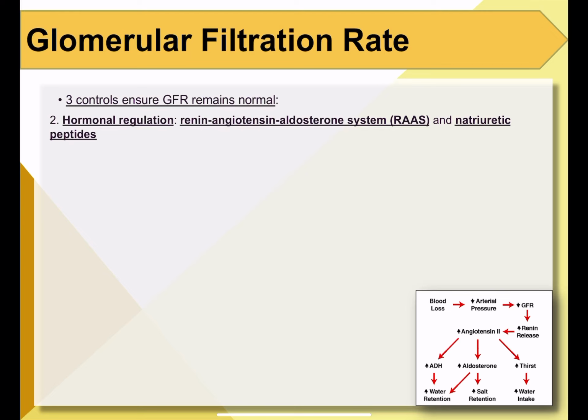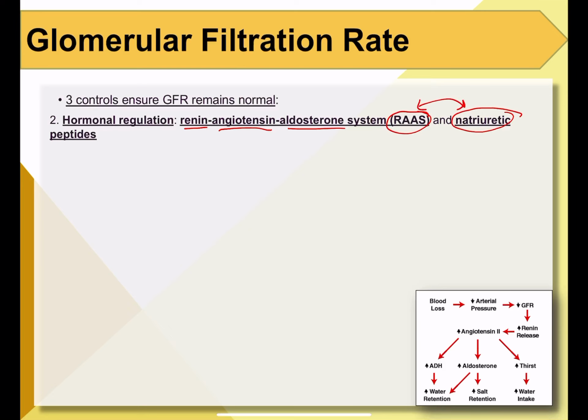Now, with hormonal regulation, this is what we mentioned in a previous chapter, and I said don't worry about it until the urinary system, so here it is. Hormonal regulation of GFR is monitored by a system called RAS, which stands for renin, angiotensin, aldosterone system, and by your opposing hormone, natriuretic peptides.